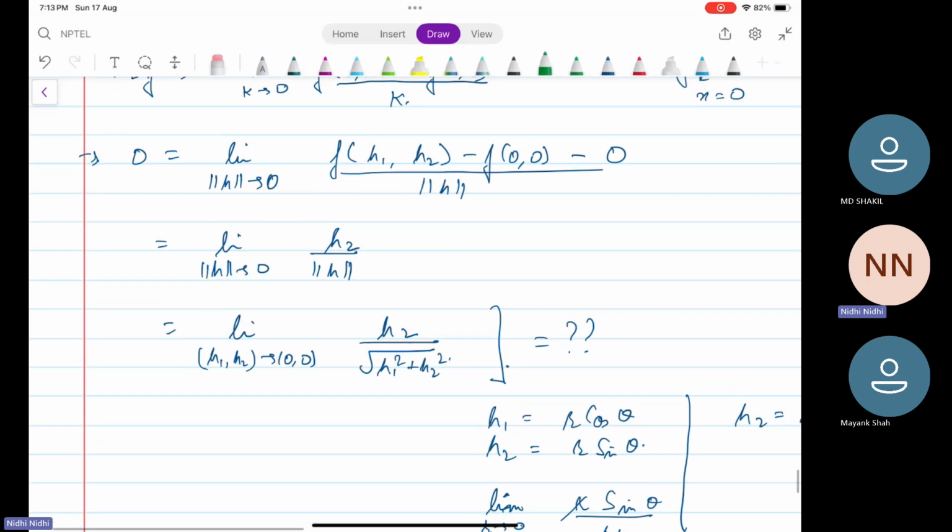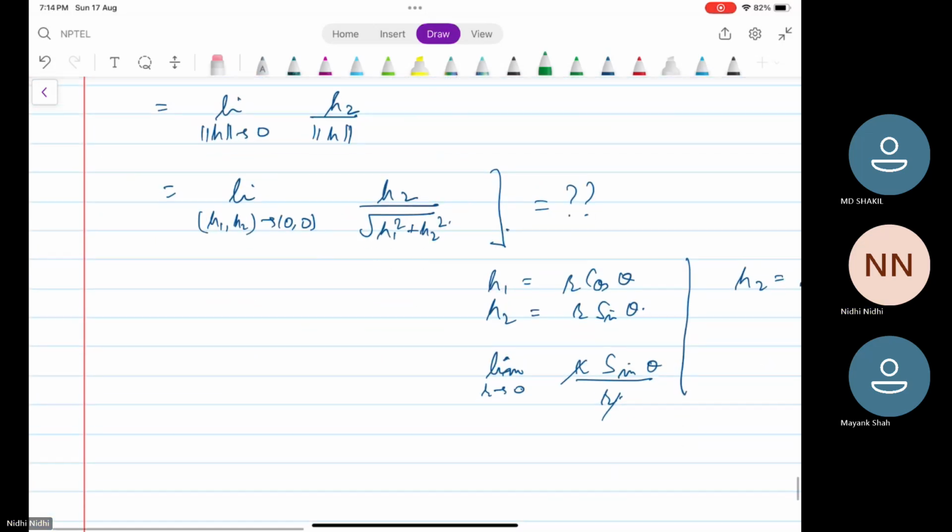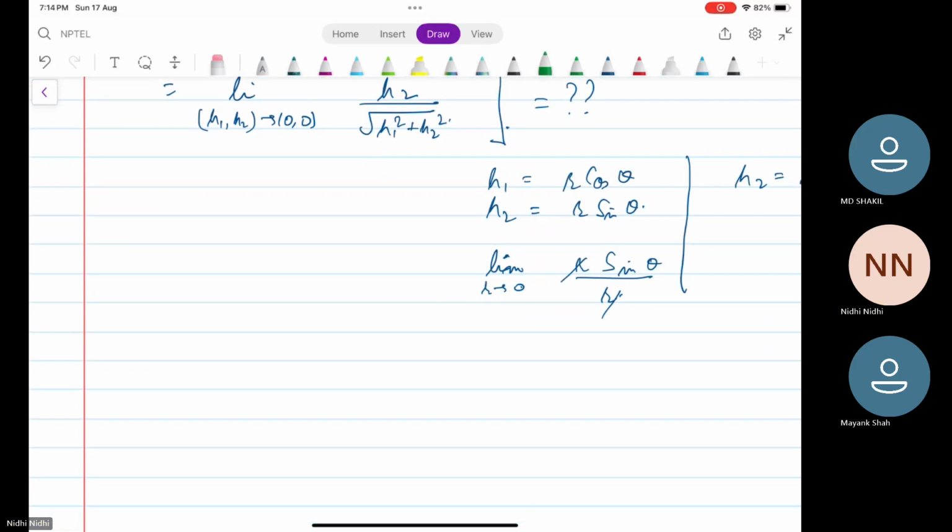But we were saying for differentiability, this should be equal to 0. This limit does not exist. Hence, we get a contradiction.